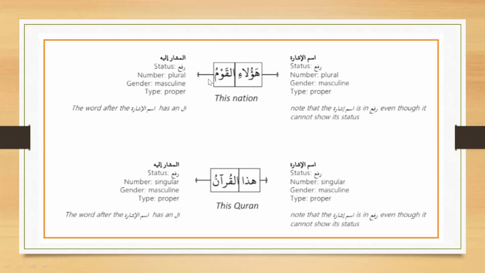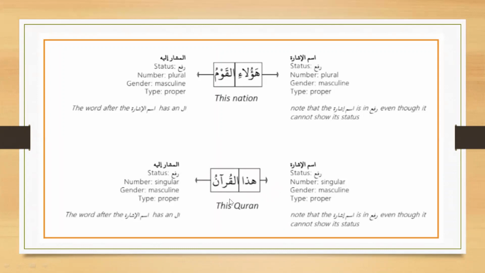Al-qawmu is rafa with dhamma. It is plural because it's ism jama, remember? Al-qawmu, an-nasu. So these are plural ism. So plural, and al-qawmu is masculine, and type is proper with al.